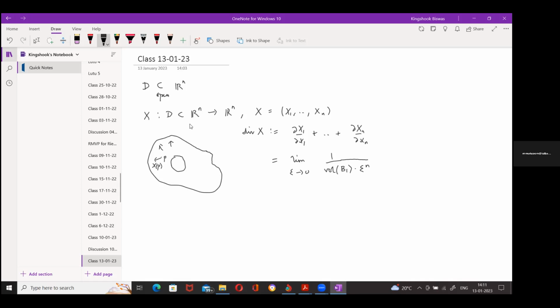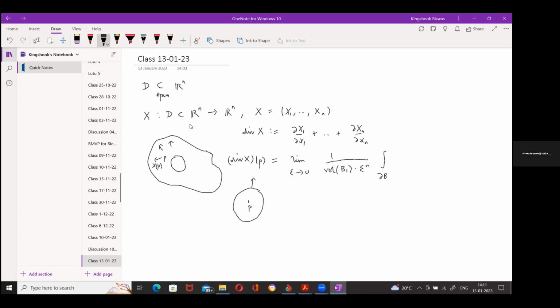Okay. And then you have an integral over the boundary of the ball. So this divergence at a point P is given in a similar way to the divergence in 2 dimensions. You take a point P, you take a ball of radius epsilon around it, and then you want to measure the flux out of this ball.